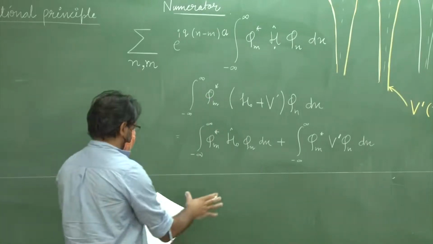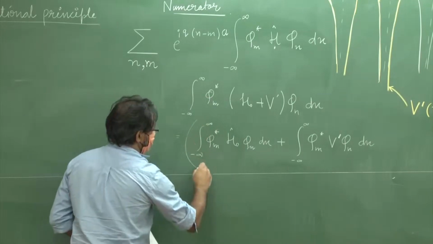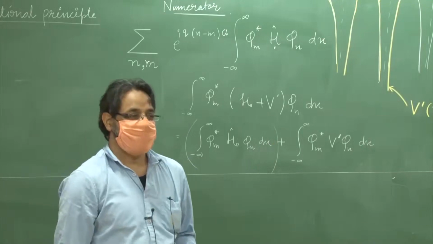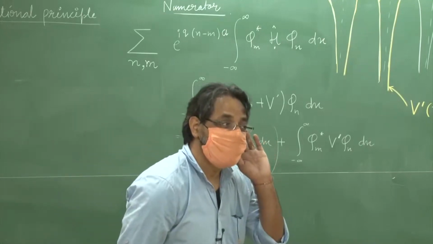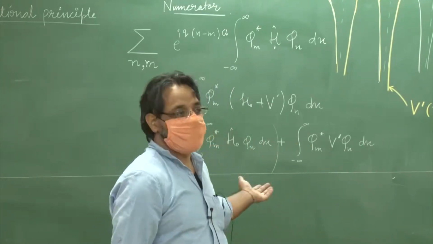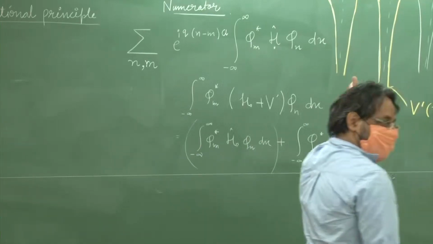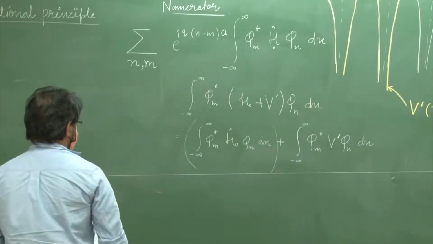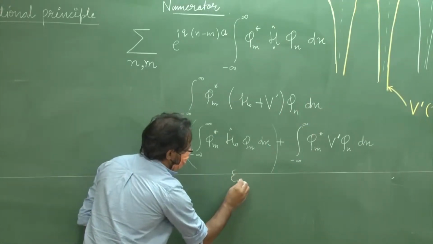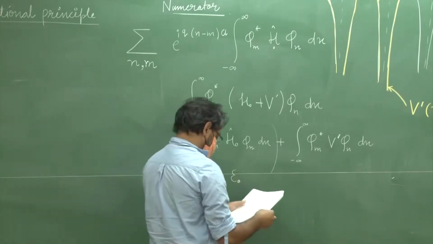Now this piece over here, who will tell me what this is? Louder. This is the energy of the atomic orbital when the atom was in vacuum, right? Everyone is okay? So this is nothing but E naught. Remember, this E naught is the energy of the atomic orbital. What about the second integral?